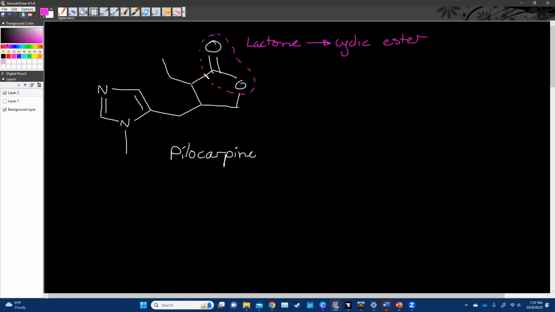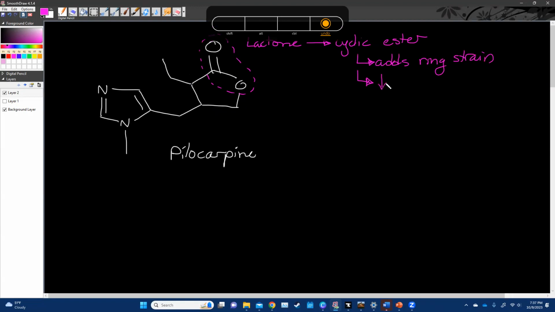So if we follow around the ester, we can see that the oxygen links back around to the carbonyl carbon. What this does is it adds ring strain to the ester, which ultimately decreases stability.